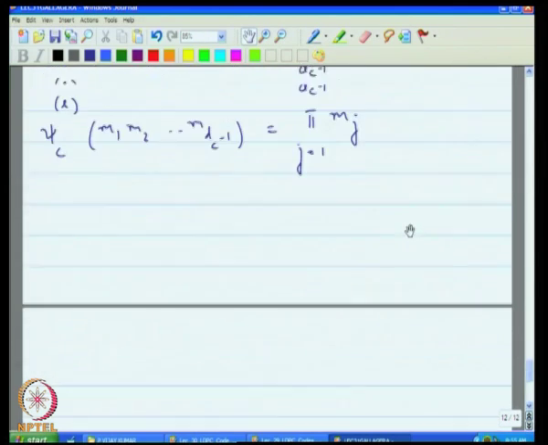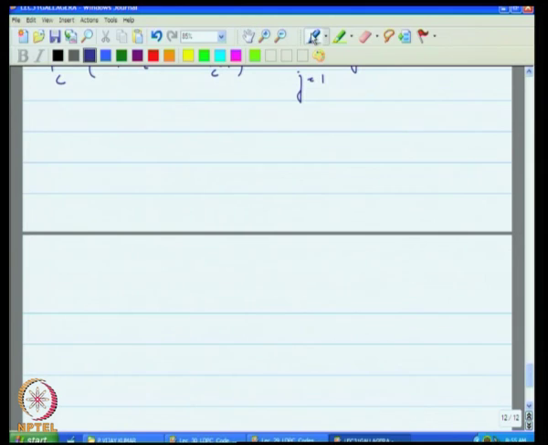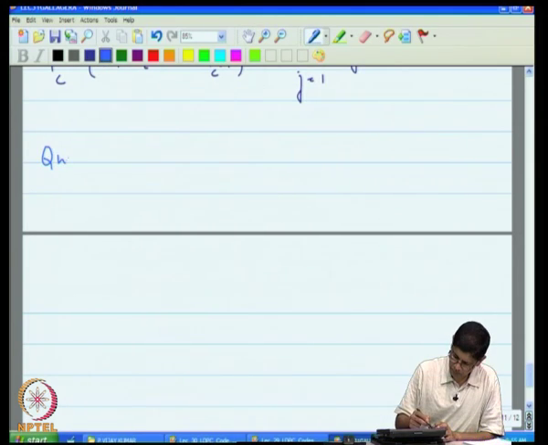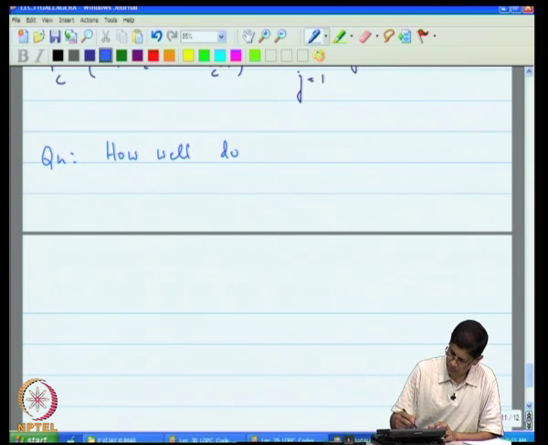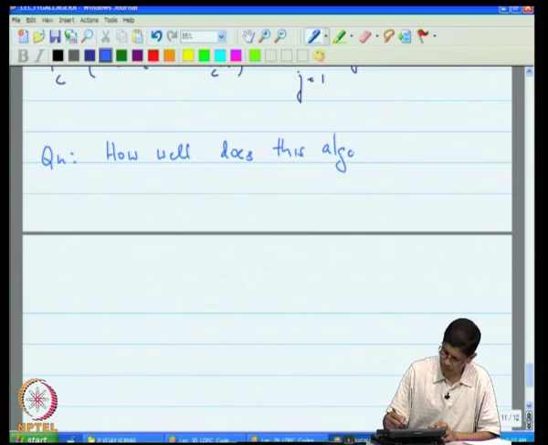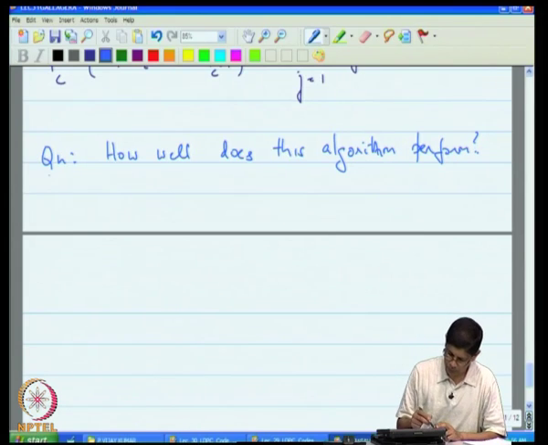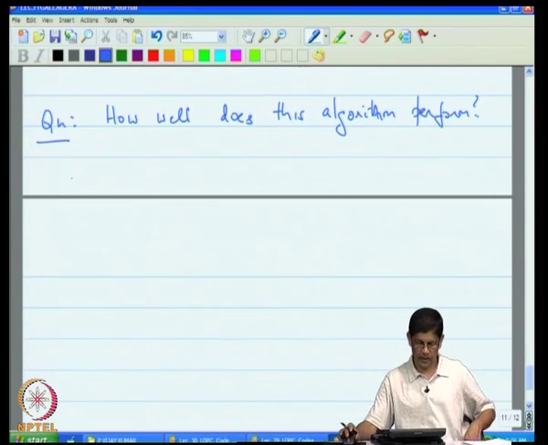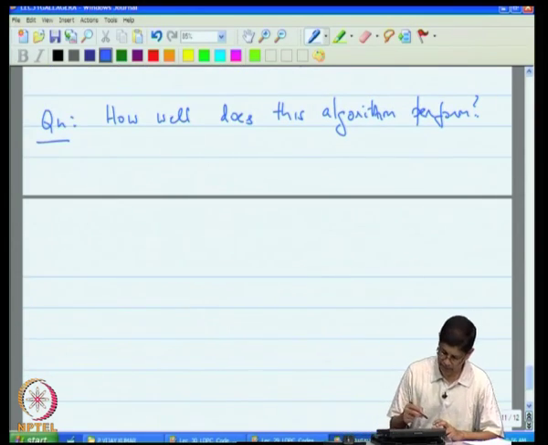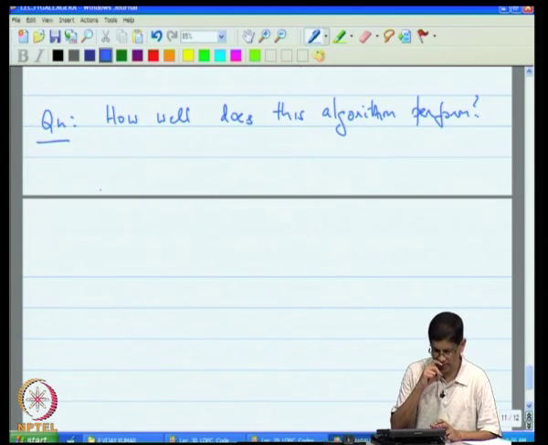So, the question is, how well does this algorithm perform? We will handle this by doing something that is nowadays referred to as density evolution.